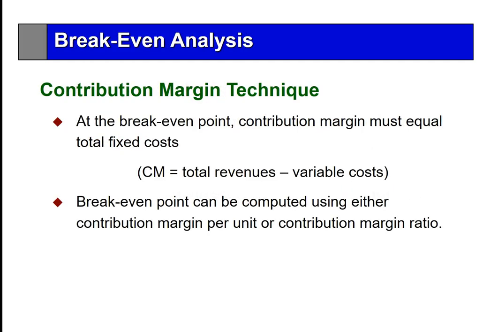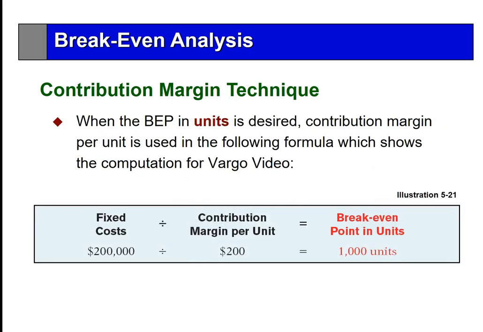Now, when we talk about using the contribution margin technique to determine the break-even, we want to find out what the total contribution margin is, that would be total revenues minus variable costs, and then relate that to the fixed costs. So now there are two techniques.